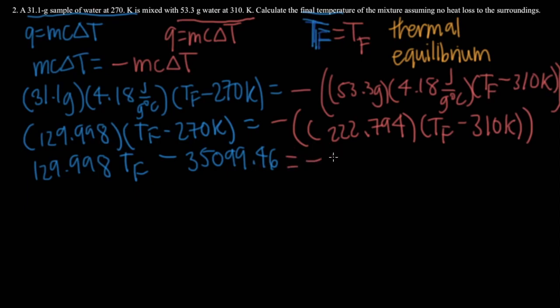And on our left-hand side, we have negative 222.794 TF plus, because there's two minus signs, 310 times 222.794. And that gives us positive 69,066.14.